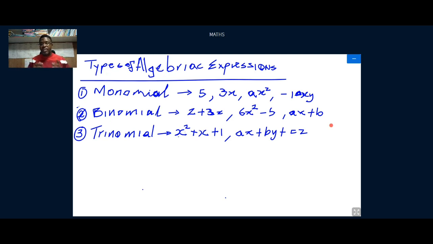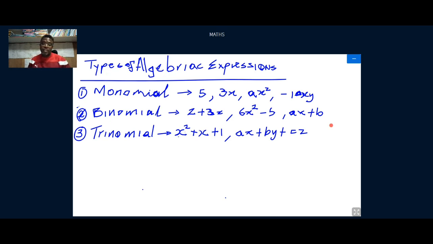We have now discussed types of algebraic expressions. I now want to do something on the algebraic expressions. So far I've been explaining what algebraic expressions are.